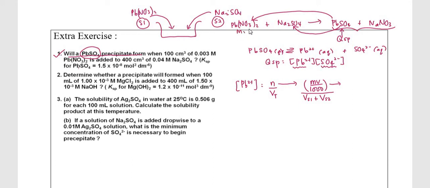Right, so MV. The molarity of Pb nitrate is given, the volume is also given here. Okay, so 0.003 multiplied by 100 cm3 divided by 1000. You get the mole here over the total volume, which is 100 cm3 plus 400 cm3.